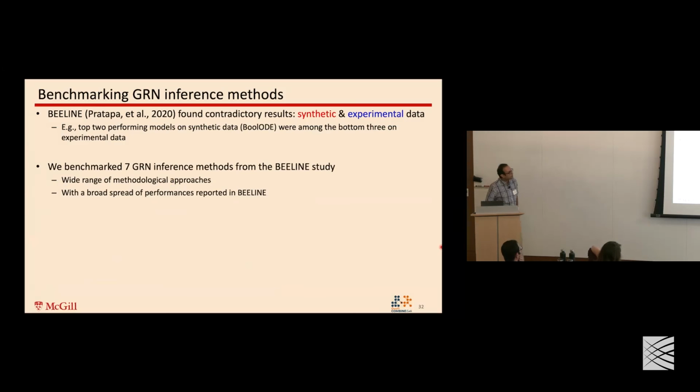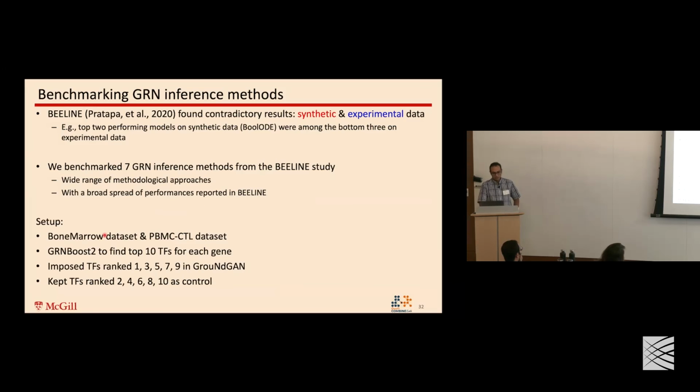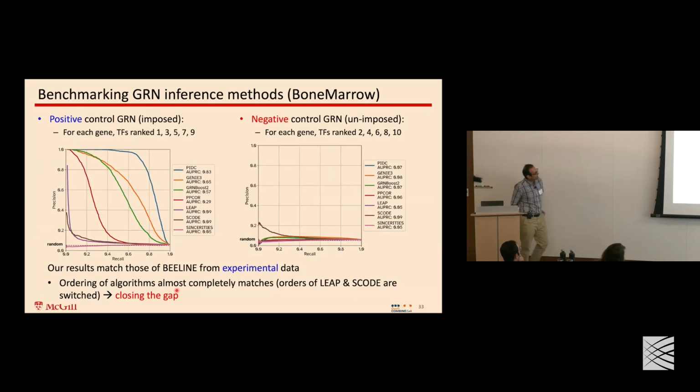So we used 5 GRN inference methods from the Beeline study, and using both the bone marrow dataset I mentioned and the PBMC dataset that I mentioned, with the setup that I described earlier, we benchmarked them. And here on the left, you can see their precision recall curve on the imposed GRN and the precision recall curve on the right on the unimposed edges, not present in the original reference data set.